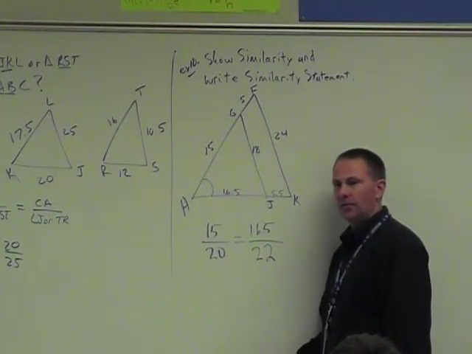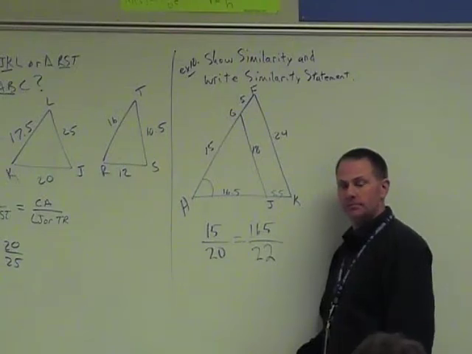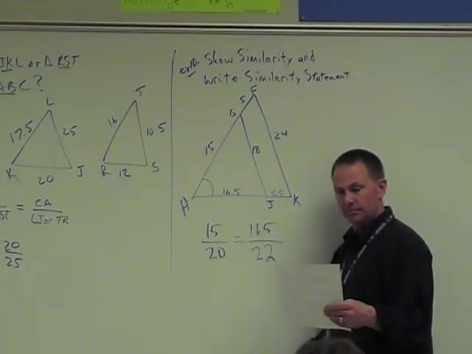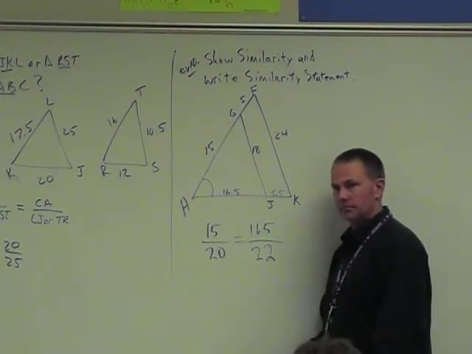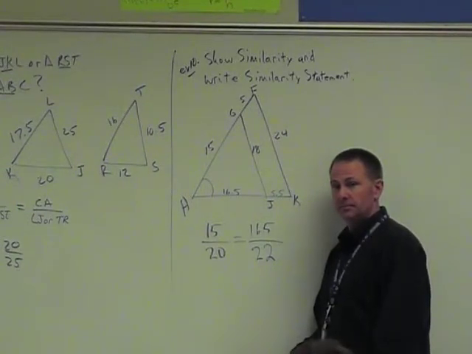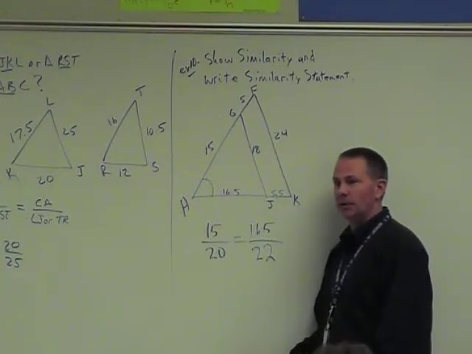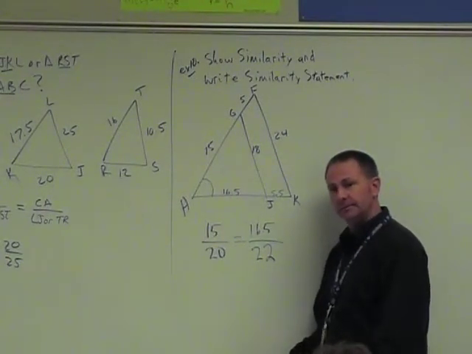So just sit there and look at me. Figure it out. .75. This is 3/5. That is 3/4. That's 3/4. Thank you. Don't just sit there and assume I'm doing everything right. I'm not a very bright person.